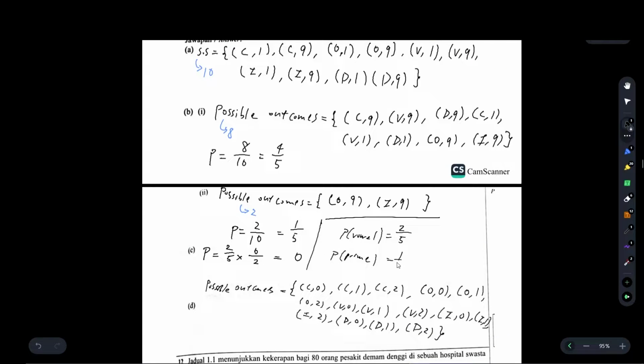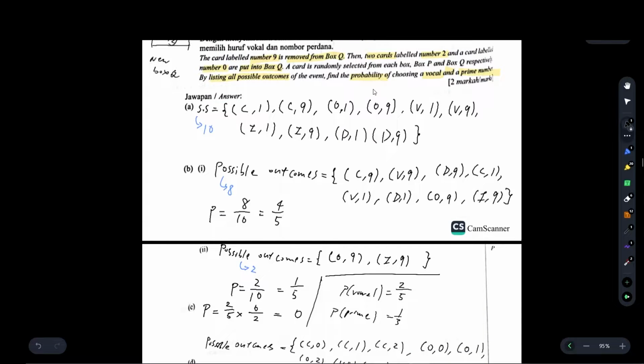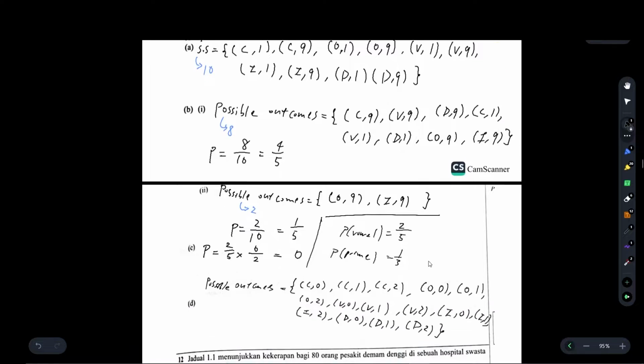So that's 1 out of 3. And then now we can calculate the probability of getting a vowel and a prime number. So it goes like this. We're going to multiply 2 over 5 by 1 over 3. Okay, now we will get 2 over 15. So that's the probability of getting a vowel and a prime number.